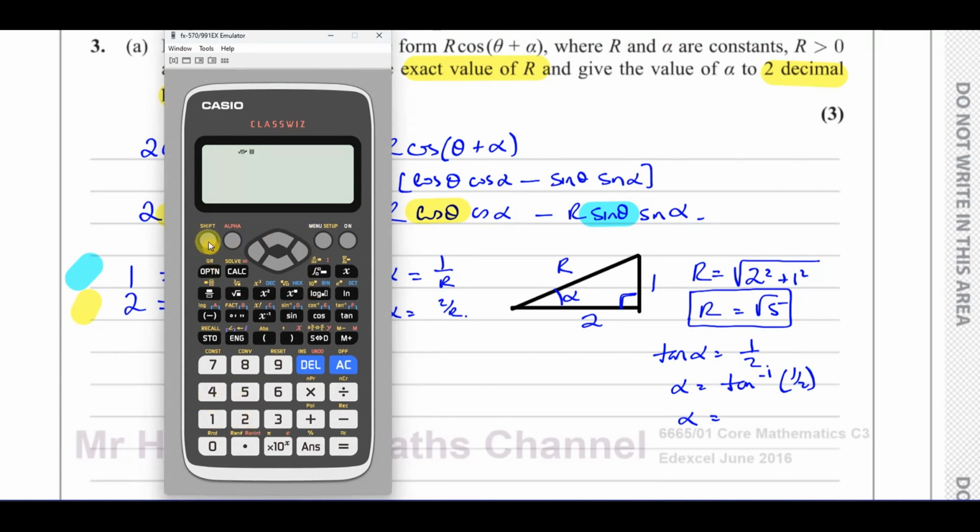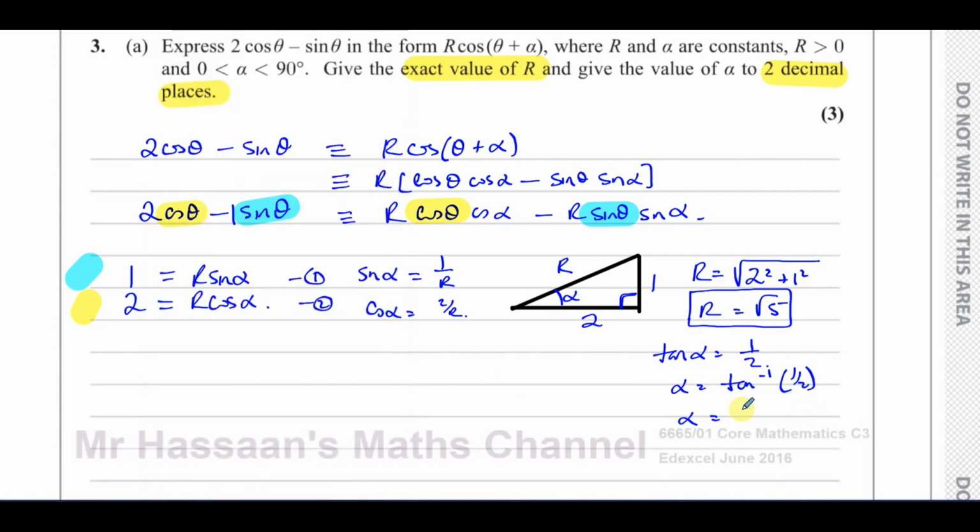And then we press inverse tan of 1 over 2, and that gives us 26.565. 26.5650 continues. They want the angle to two decimal places, so 26.57 degrees. So there is the answer for alpha.